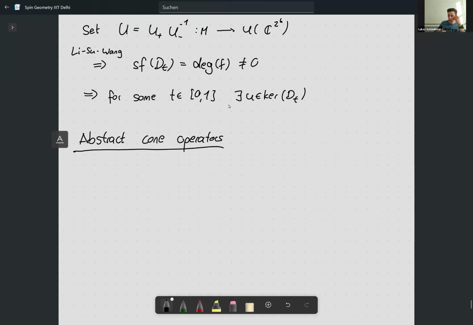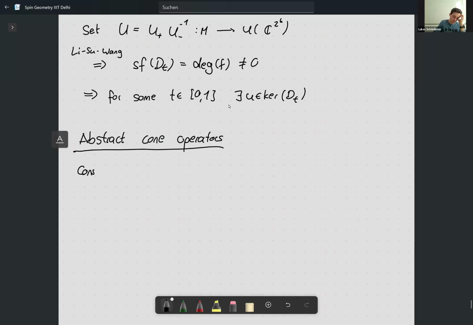I only want to explain how this situation looks like in the spherical suspension case. But I should also say that that's not all from ourselves. So this goes back to work of Gil-Gaga and also Brüning and Seeley.